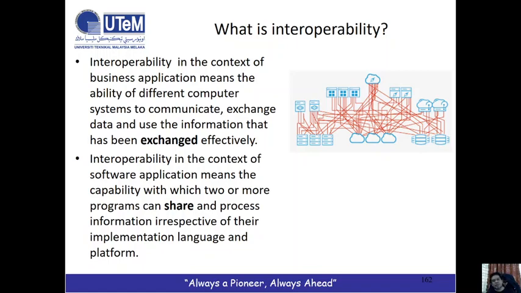So when you talk about interoperability, they don't care what you use in your application, as long as you can communicate with each other, share data, and pass or receive information. That is interoperability.